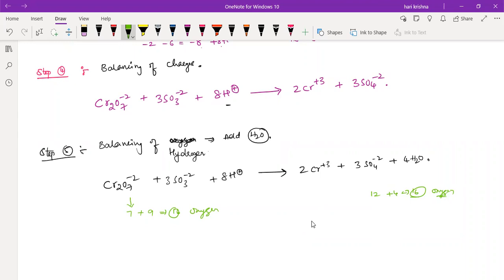Okay, that is a completely balanced chemical equation.